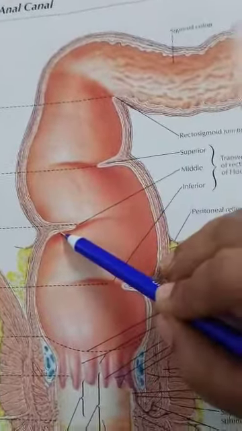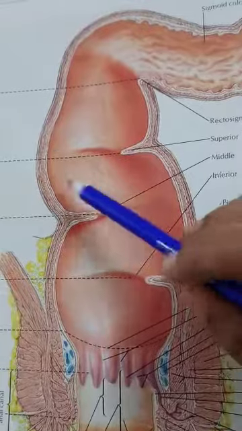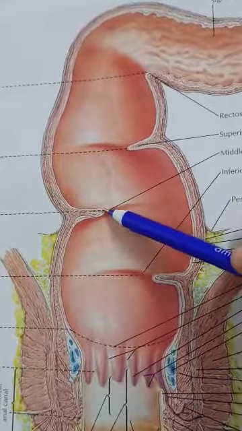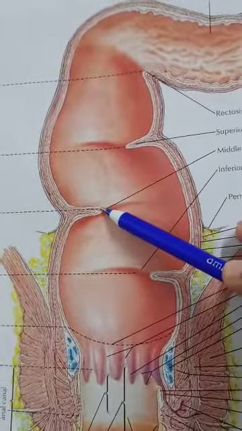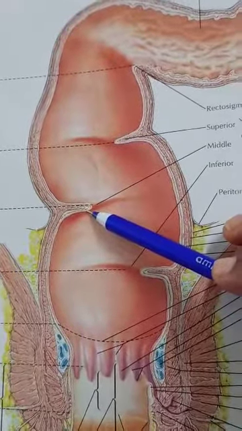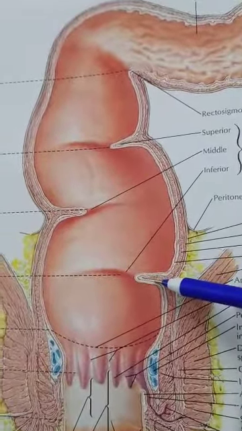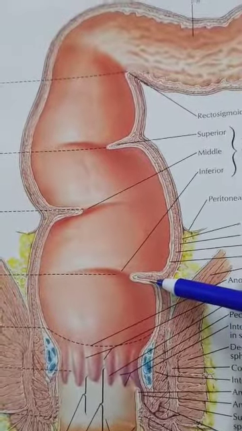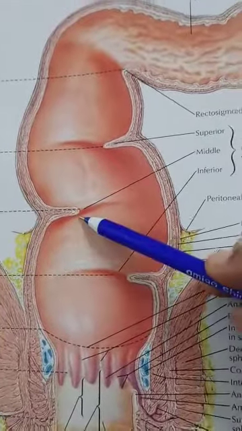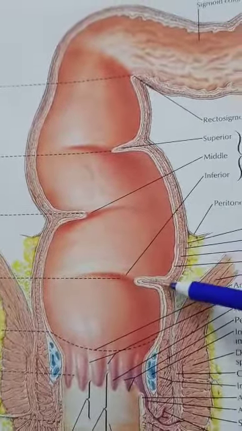The second fold is the most prominent and the largest fold. It is seen from the right wall of the rectum, projecting from the anterior and right wall. Then the third transverse fold lies 2.5 centimeter below the second fold, and it projects from the left wall of the rectum.